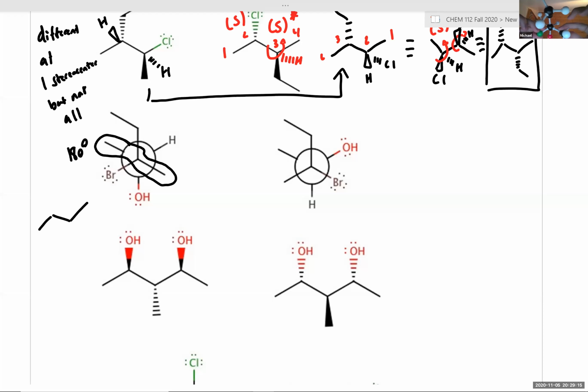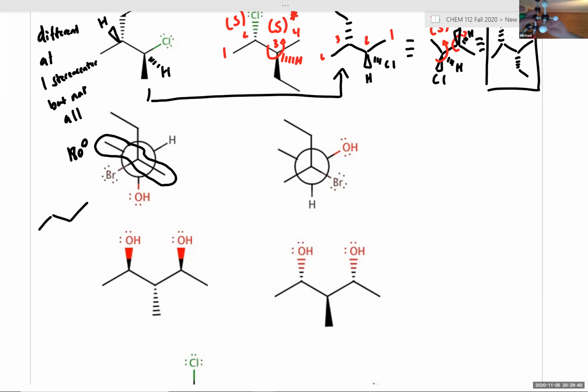So let's zoom out and take a look. In the front, we have our halogen, our bromine on the left, methyl on the right, ethyl up top. Now looking in the back, what do we see? We have our alcohol pointing down, our back methyl, hard to see.